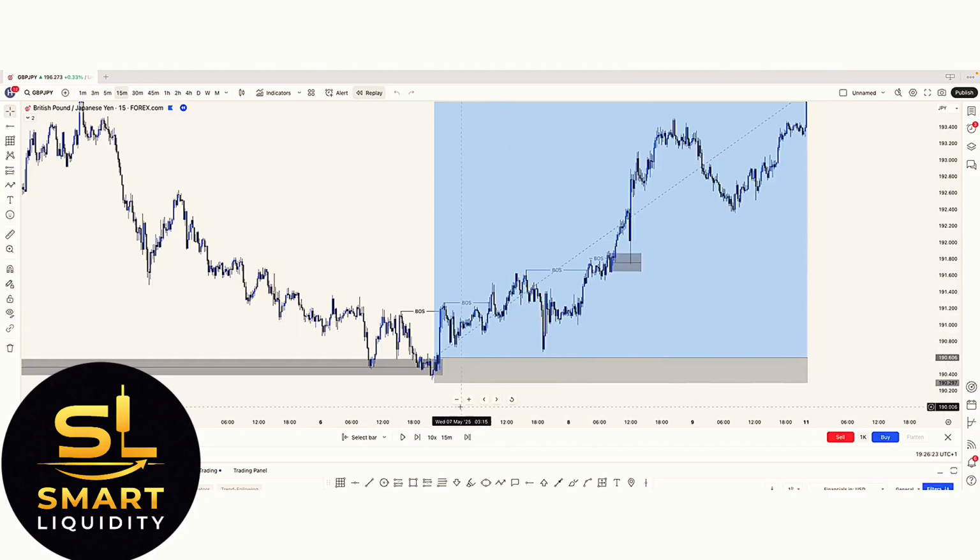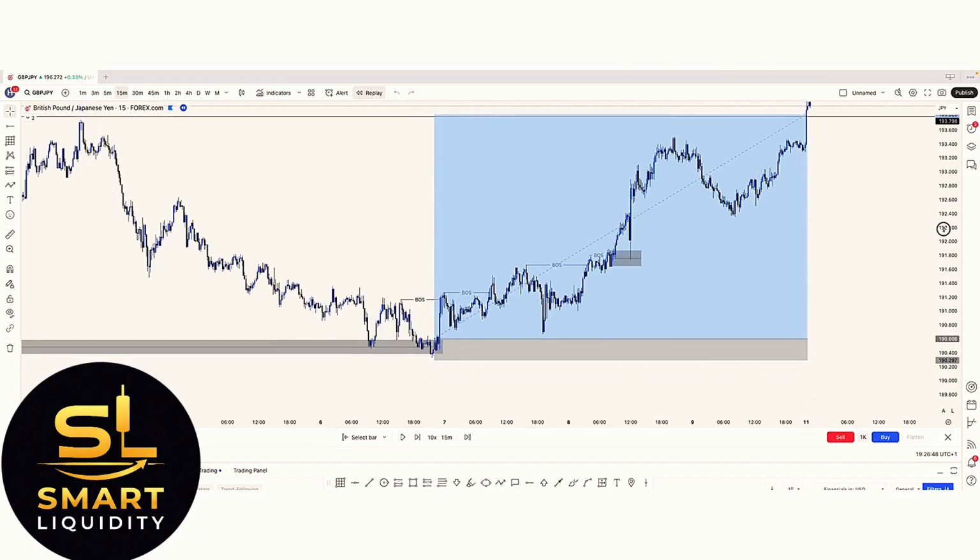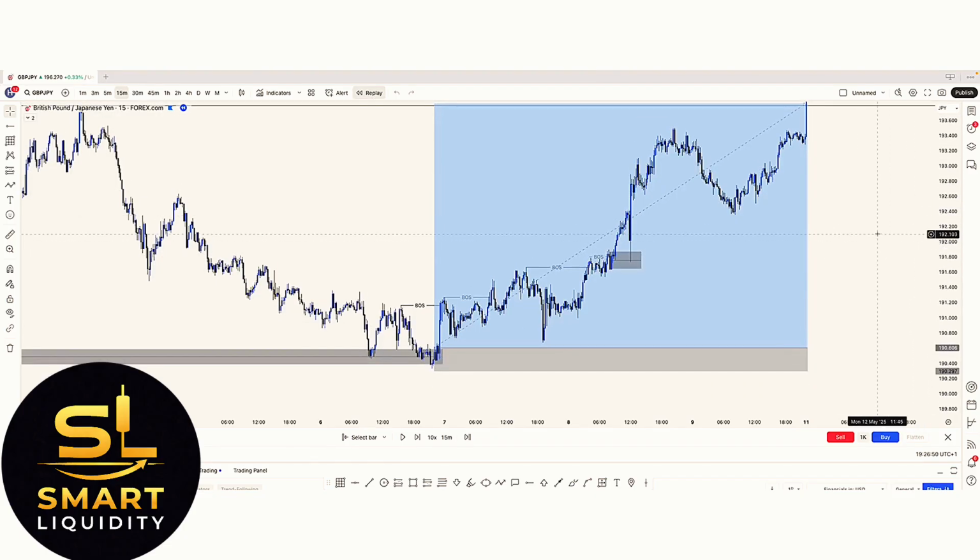But the only thing I was checking was for price not to stop me out before the push up would happen. So although it tried its best here, because when I entered, it was indeed roller coaster stuff, with price putting me in drawdown, and from there we started pushing, and that was how we got this sweet ride on GBP JPY.